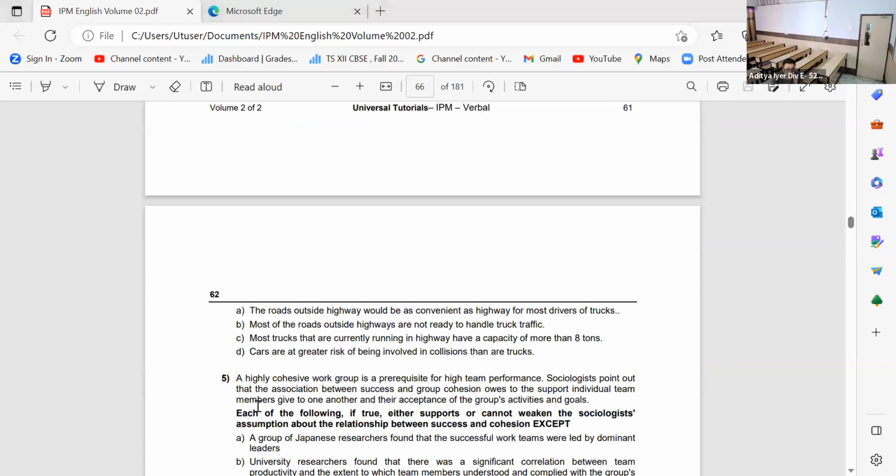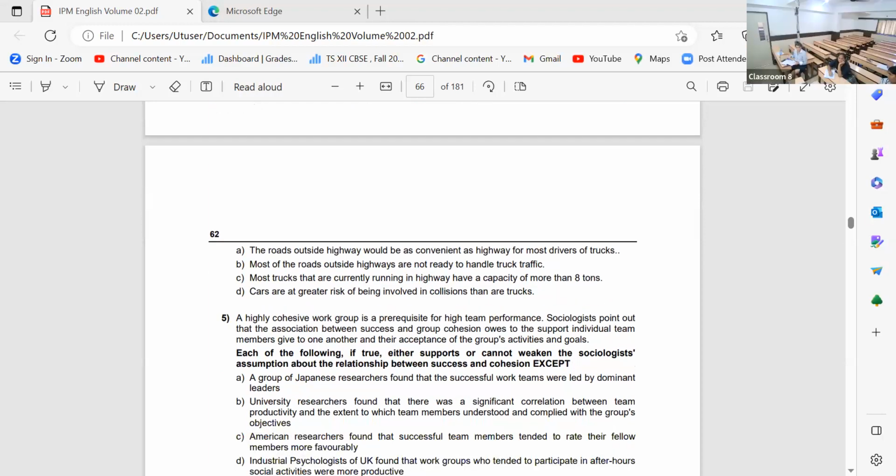A highly cohesive work group is a prerequisite for high team performance. Sociologists point out that the association between success and group cohesion owes to the support individual team members give to one another and their acceptance of the group's activities and goals. What's your question number 5 answer?